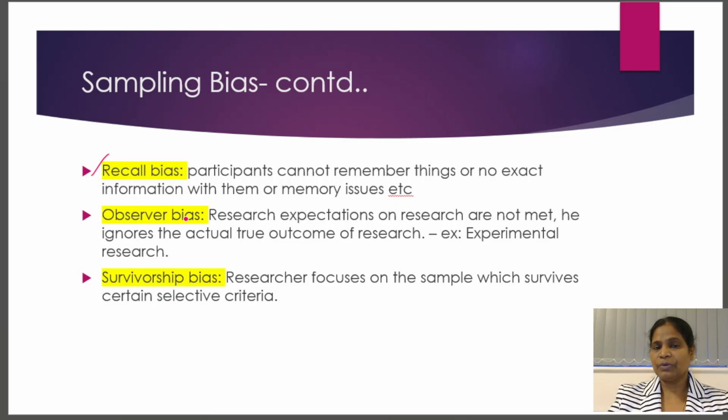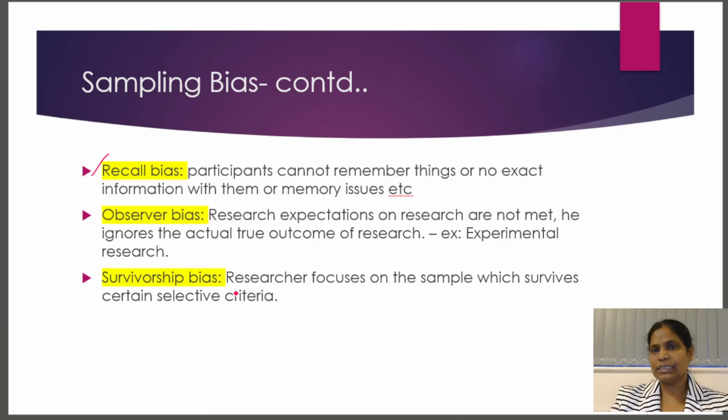Next one is observer bias. This is on the side of the researcher or whoever is observing. For example, when we are doing experimental studies, the researcher has his own bias. He expects something from the study and will try to observe only that aspect. But the actual true outcome might be different, and the researcher ignores the true outcome of what he is seeing because he expects something else.